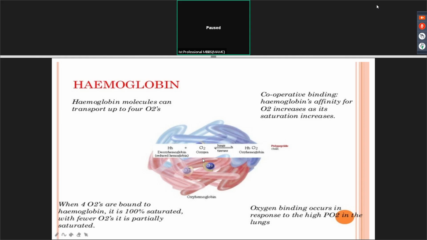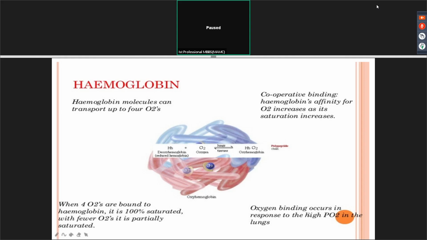This is one oxygen binding to each heme moiety. This is the cooperative binding, and it increases as the saturation of the oxygen increases. Once only one moiety is bound, it is partially saturated, and if all the four oxygen moieties are bound to the heme of the hemoglobin, it is 100% saturated.